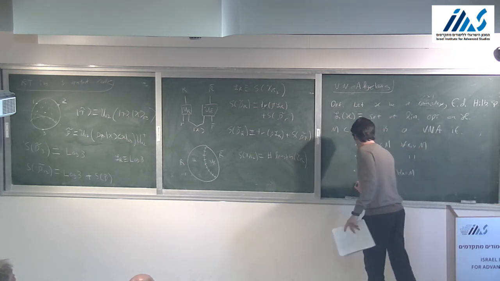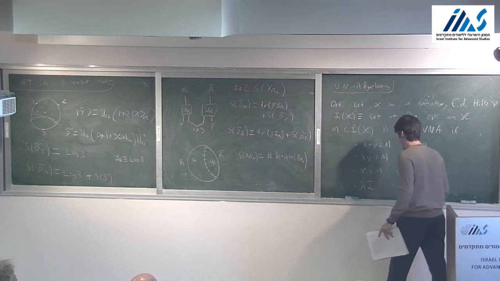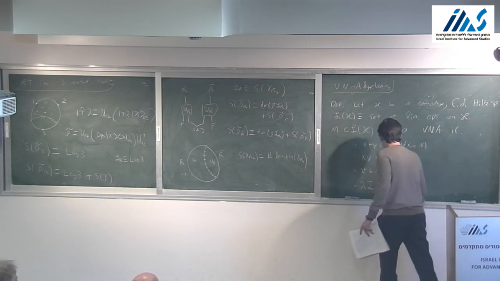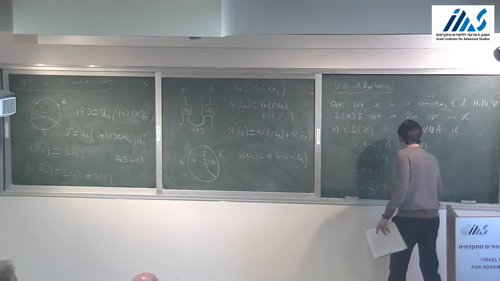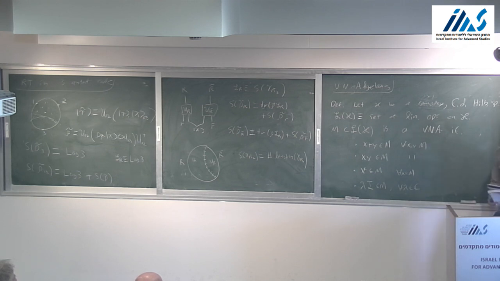And finally, we need that any multiple of the identity, lambda times identity, is contained in M, where this lambda can be any complex number. Okay, so it's an algebra which is closed under addition, multiplication, Hermitian conjugation, and contains all scalar multiples of the identity.